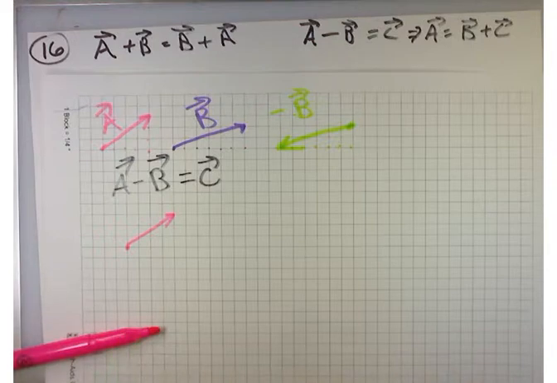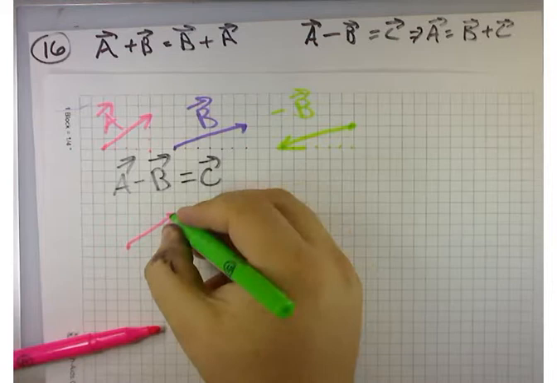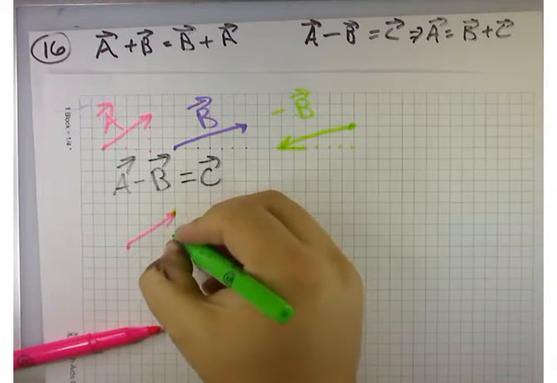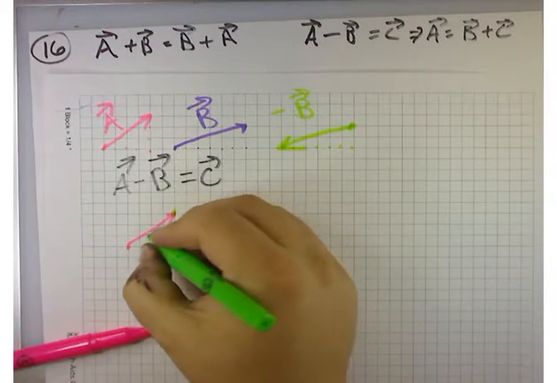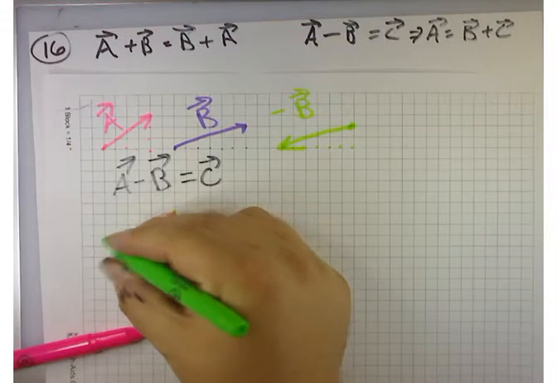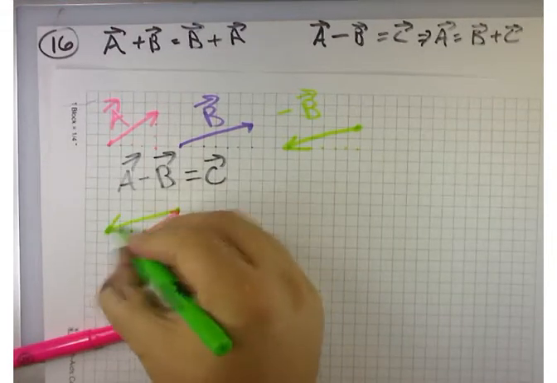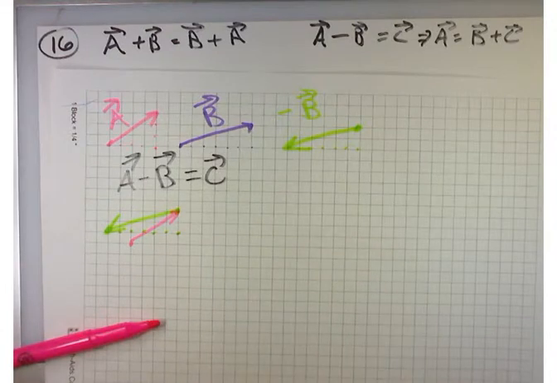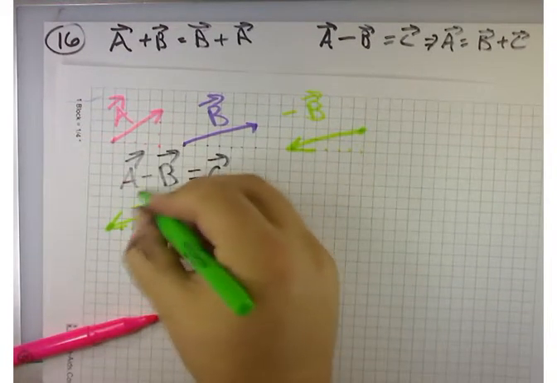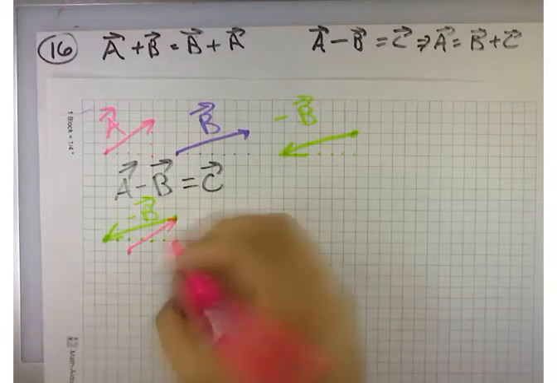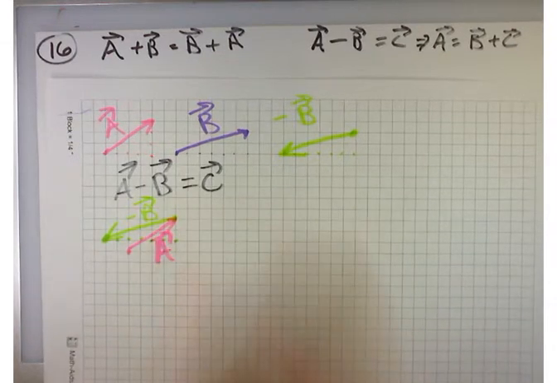Minus B from here means I'm going to come down 2, and then I'm going to go over 1, 2, 3, 4, 5, 6. So this is negative B, and this is A. You guys with me so far?